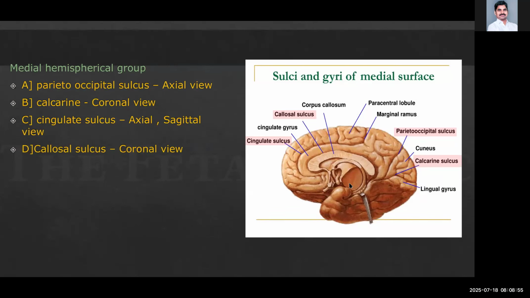Even though they are all on the medial surface, the views where they are observed will be different. The parieto-occipital sulcus will be viewed best in axial view, and the cingulate sulcus will be viewed best in axial and sagittal views. The calcarine sulcus and callosal sulcus are viewed best in coronal views.